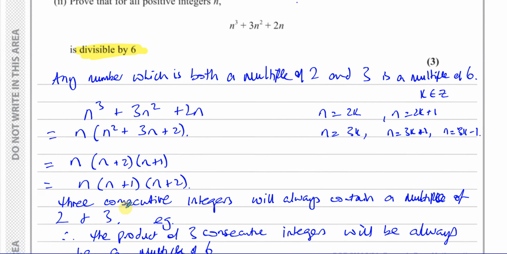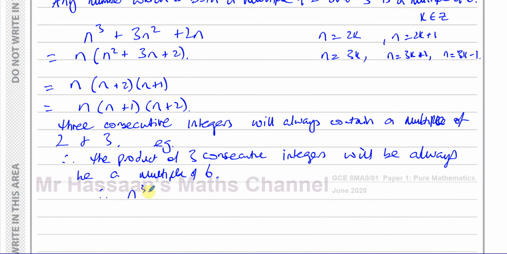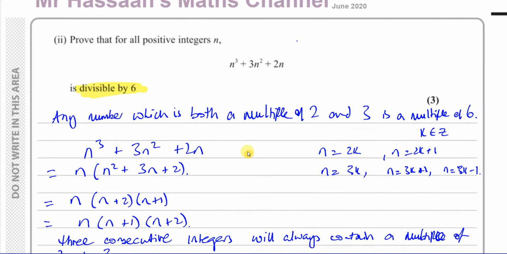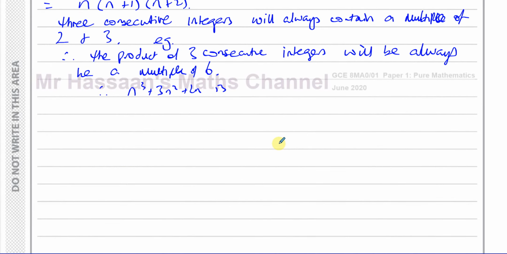Therefore, we can say that n cubed plus 3n squared plus 2n is a multiple of 6, is divisible by 6, for all positive integers n.